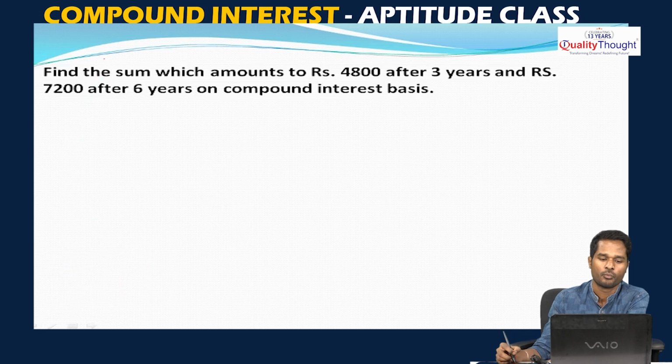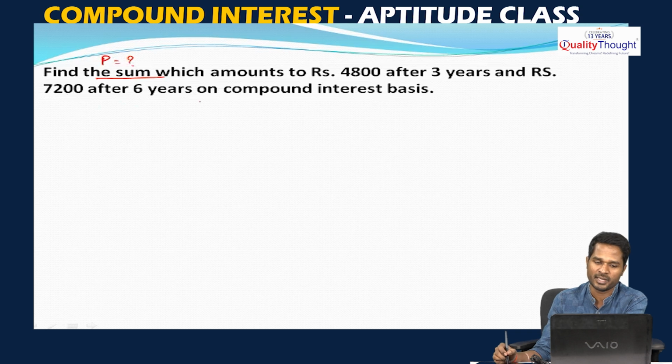The question says, find the sum which amounts to 4,800 rupees after 3 years and 7,200 rupees after 6 years on compound interest basis. So the question clearly says find the sum. We need to find what sum, that means the P value.